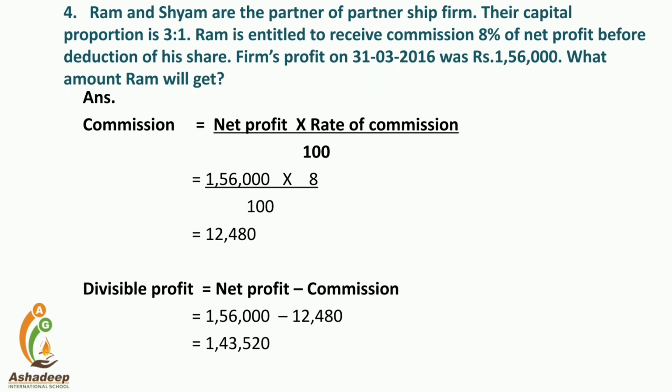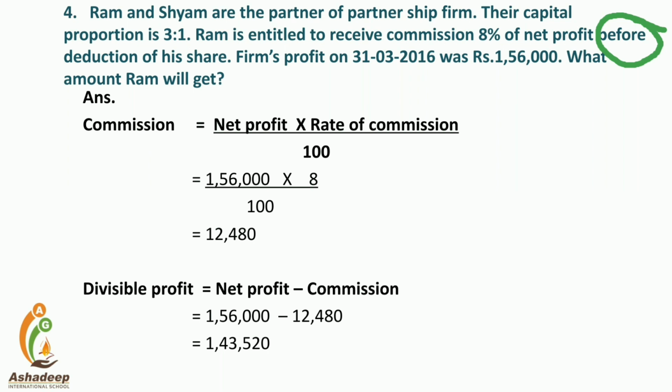Firm's profit on 31st March 2016 was Rs 1,56,000. What amount will Ram get? From the question you will understand that Ram will get two kinds of income. One is commission and the other one is profit share.